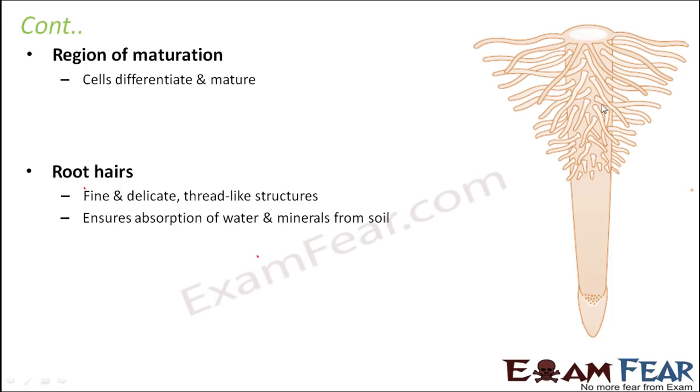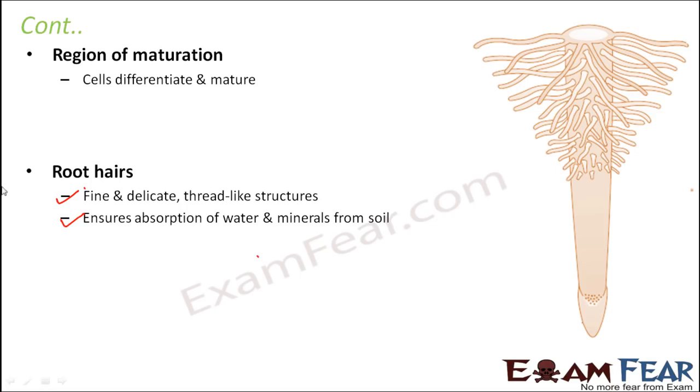So some epidermis tissue will form the root hair. So these are fine and delicate thread-like structures. They ensure absorption of water and minerals from the soil. So since they are very thin, they are very good at absorbing. So they will absorb water and minerals. And these root hairs will help in absorbing water and minerals, which in turn will be transported to the rest of the plant, which will help in their growth and development.